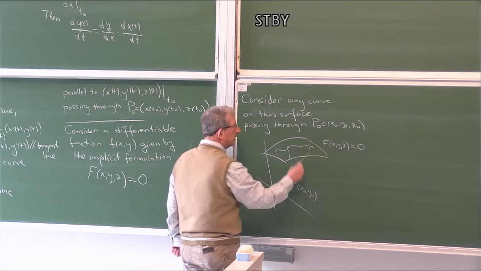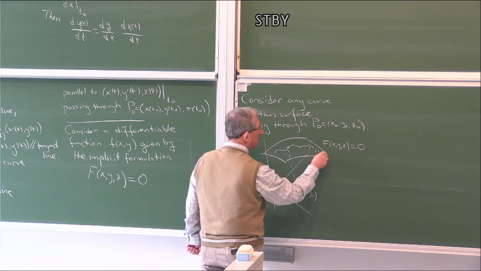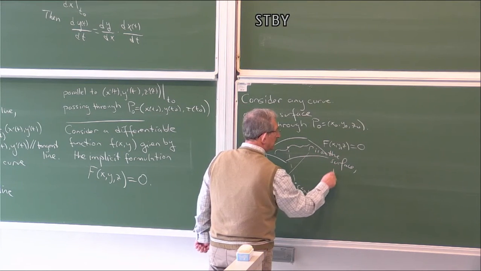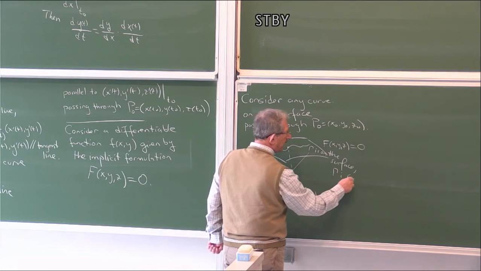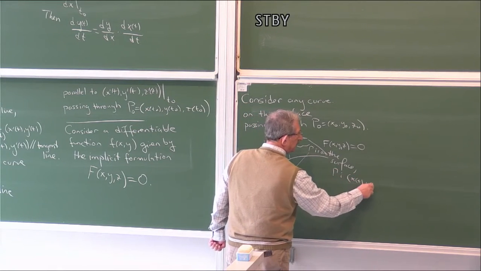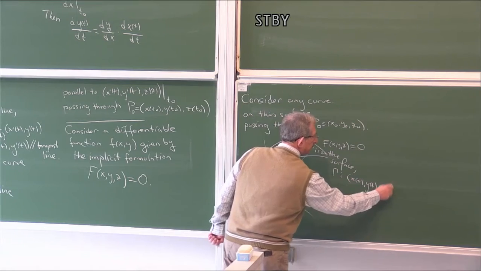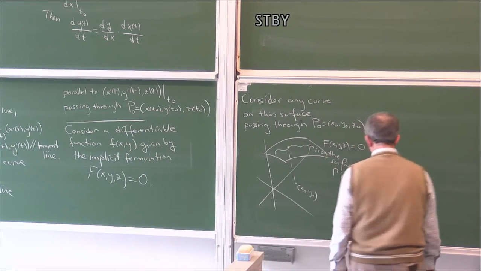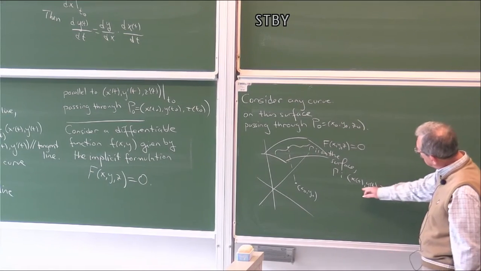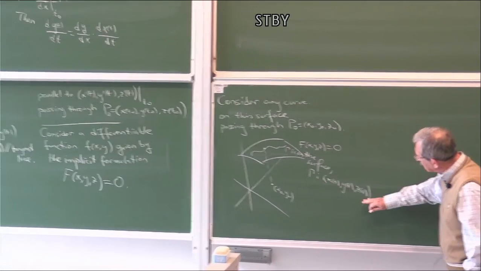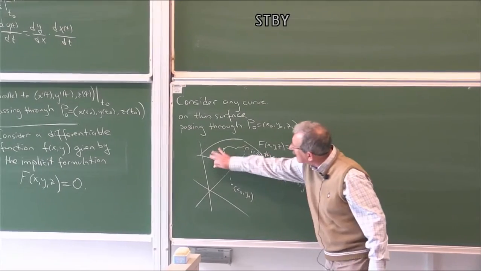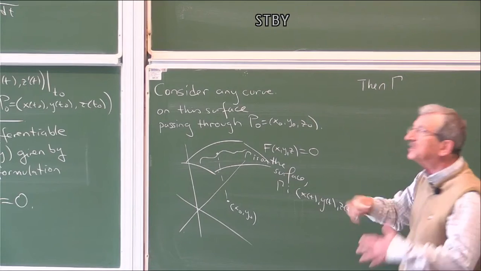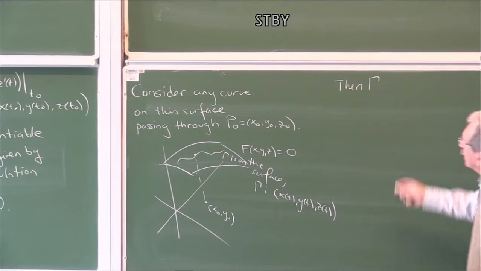Gamma is on the surface. Say gamma is given by x of t, y of t, z of t. Well, because x of t, y of t, z of t, that is gamma, is on the surface, gamma satisfies the equation of the surface.